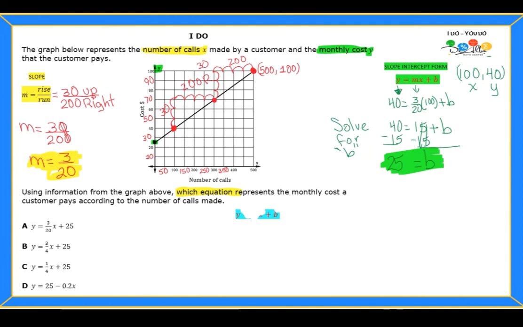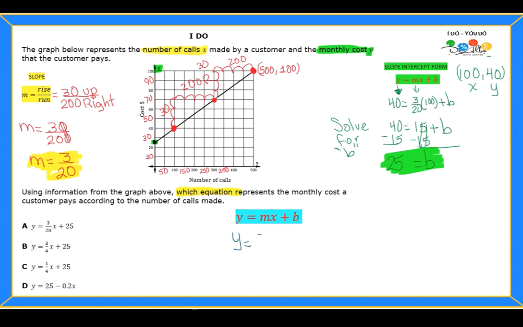And of course, I am going to need the equation in slope-intercept form, okay? So let's simplify some values here. Let me make that a little bit bigger. Okay, so let's replace the values for m and b in my equation. The y, I'm going to write it down again.